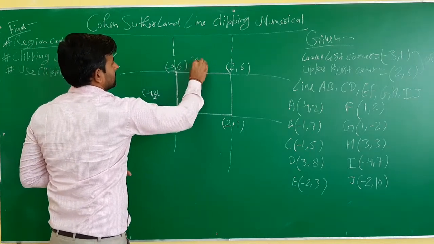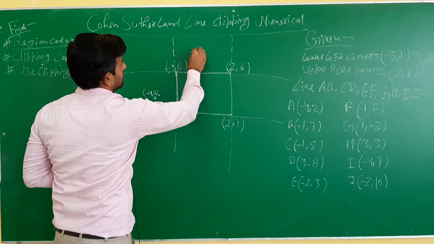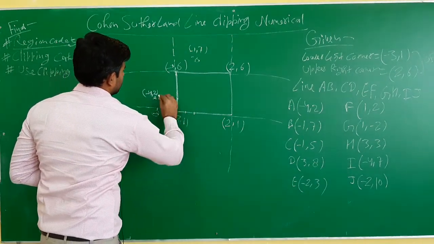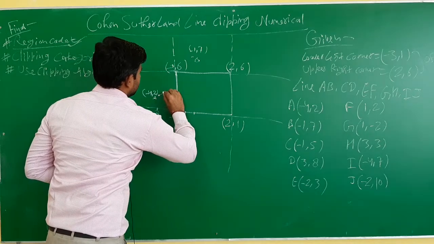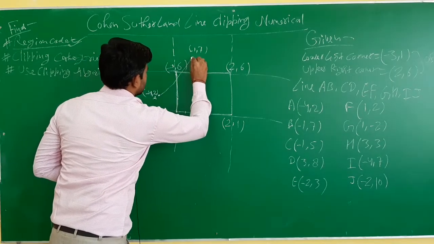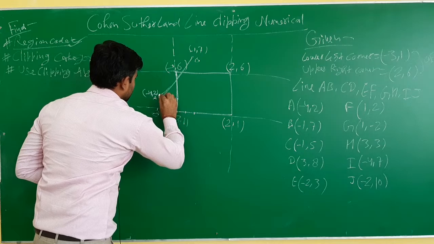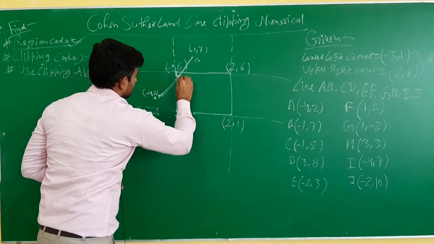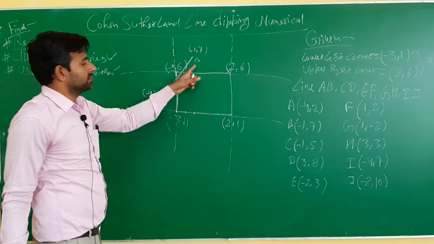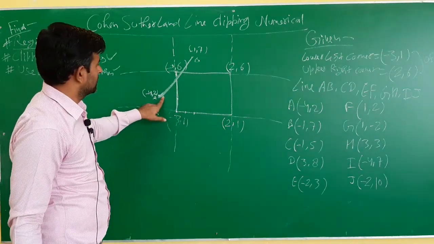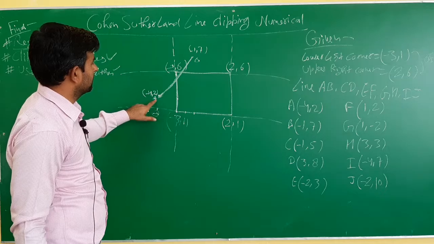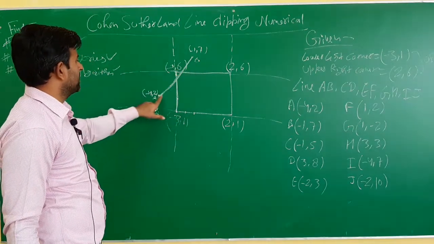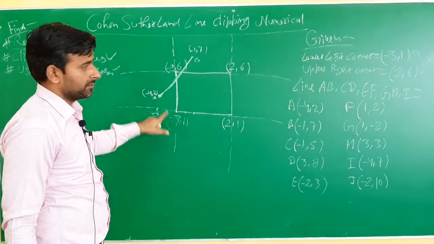Then this point is B, and the coordinate of B is -1, 7. When we draw a line which joins these 2 points, that's our first line, AB.